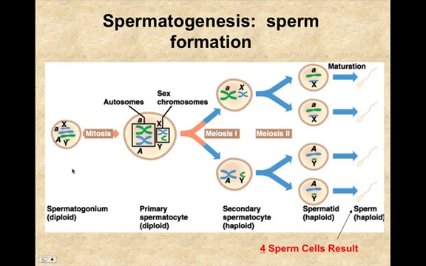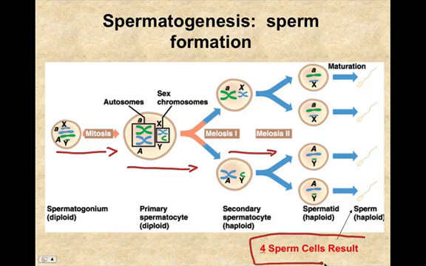And what happens is that the sperm go through the whole process, and you end up with 4 sperm cells in the end, and they are all going to be haploid.